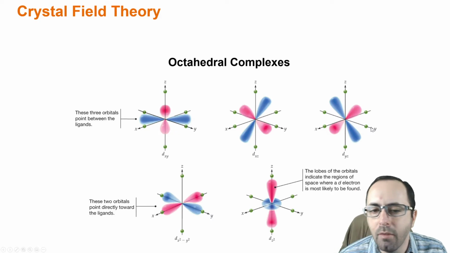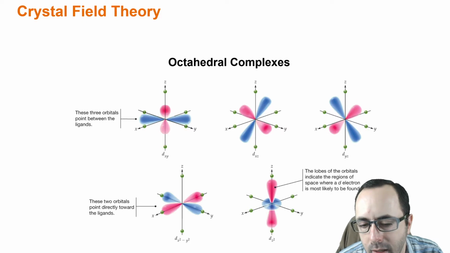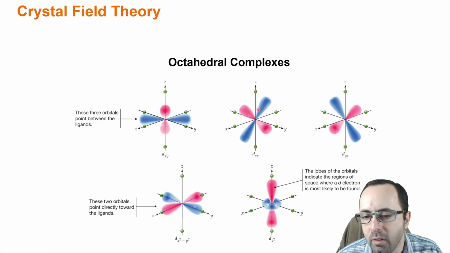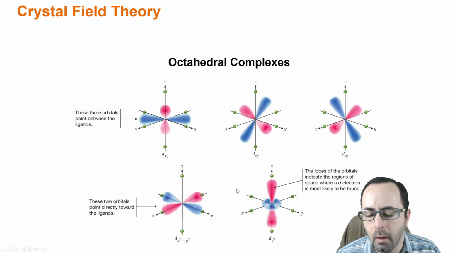So when we have a complex here, this is a diagram showing an octahedral complex. Now the pink lobes and the blue lobes represent the d atomic orbitals of the transition metal ion. These are the shapes of the d orbitals. Most of them are cloverleaf shaped, with one of them being this funny toroidal shape in the middle with two lobes.